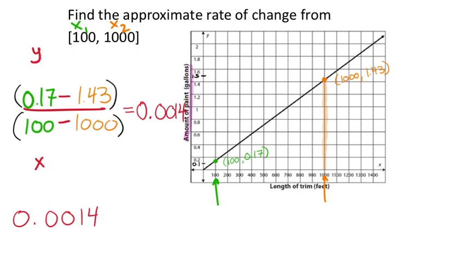So I'm going to put in there, it's 0.0014 gallons. And we'll say per. In fact, on the assignment, they'll say you have to type this in. So you put gallons, and then one of them is a fraction like this, gallons per, and then we use the x label, which is showing in feet. So it's gallons per, in this case, I guess, foot.